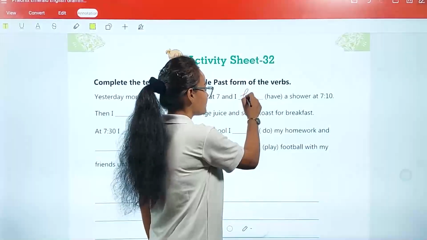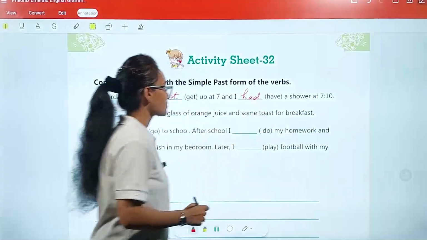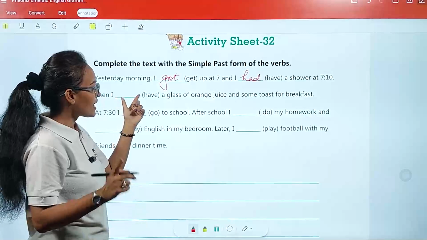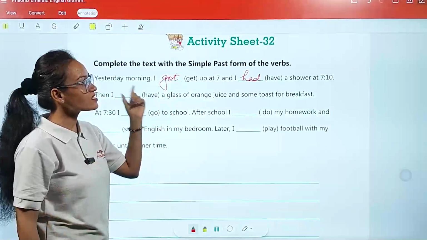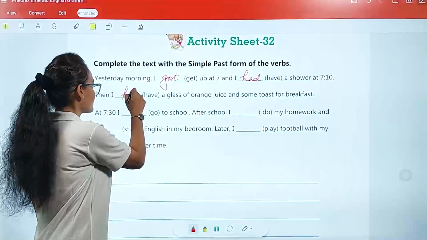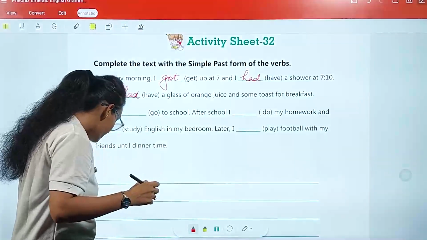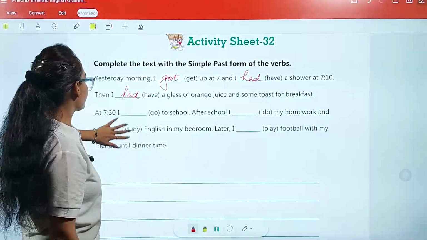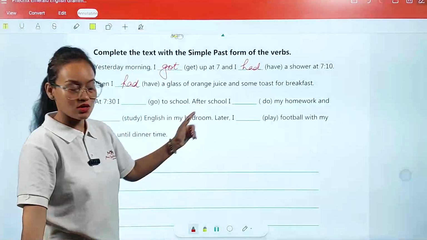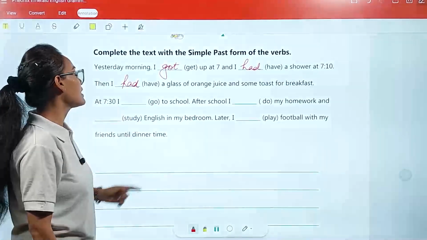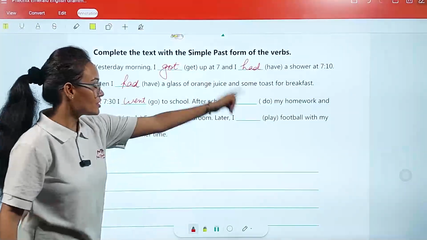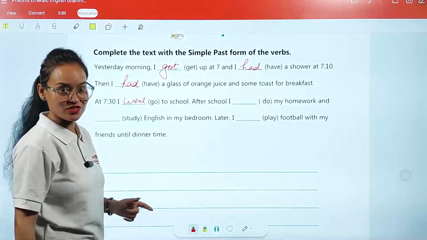Then I had a glass of orange juice and some toast for breakfast. At 7:30, I went to school. The rest of the blanks you are going to fill.